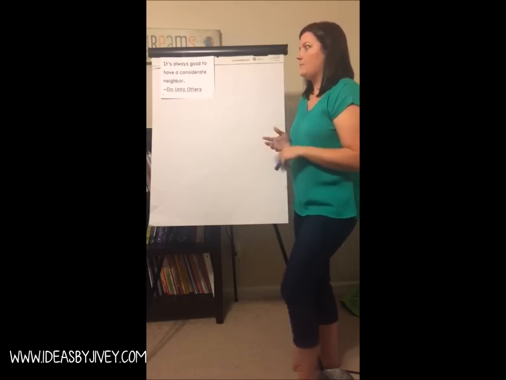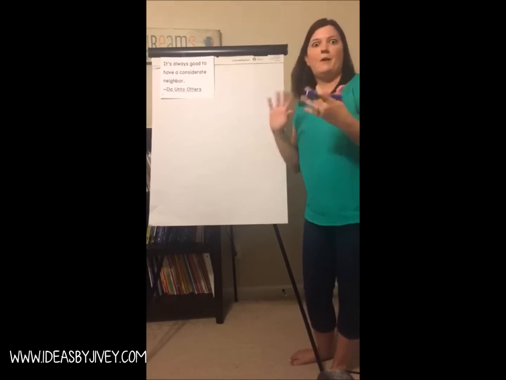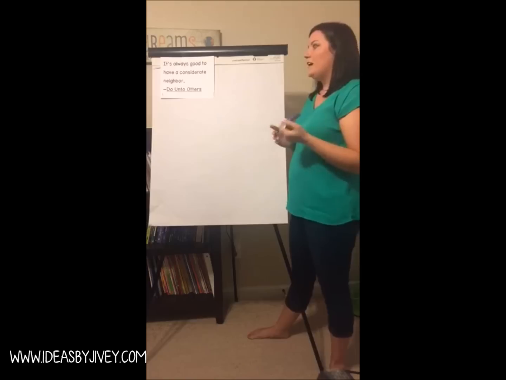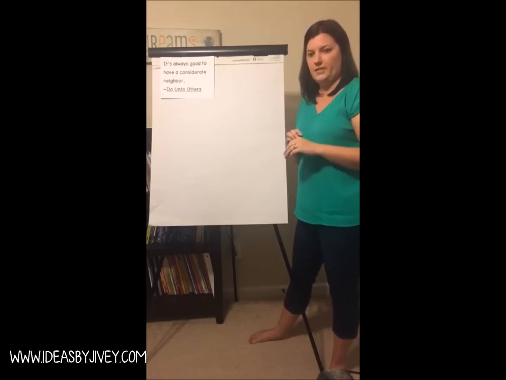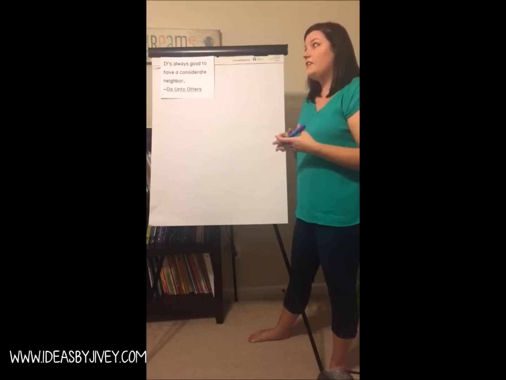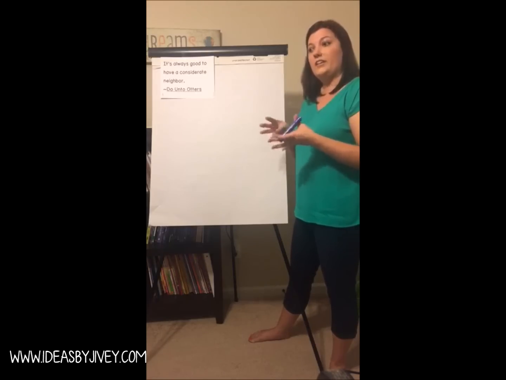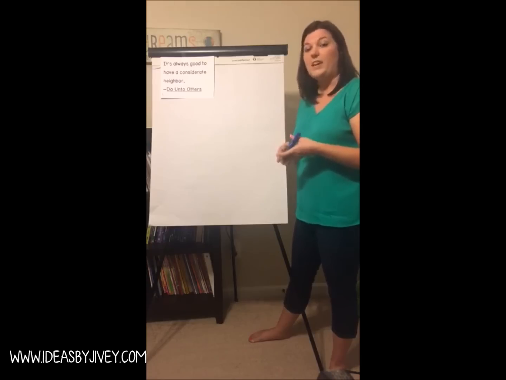So I would start off just by saying, class, this week or today, however you want to start it, we are going to start our mentor sentence routine. Mentor sentences is a way for us to look at awesome sentences from authors that we love and figure out what makes those sentences so great that we can use in our own writing.